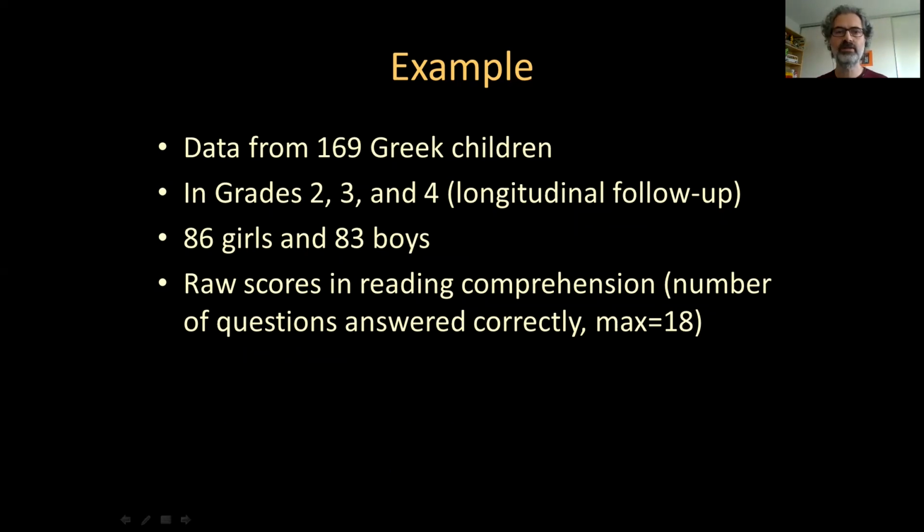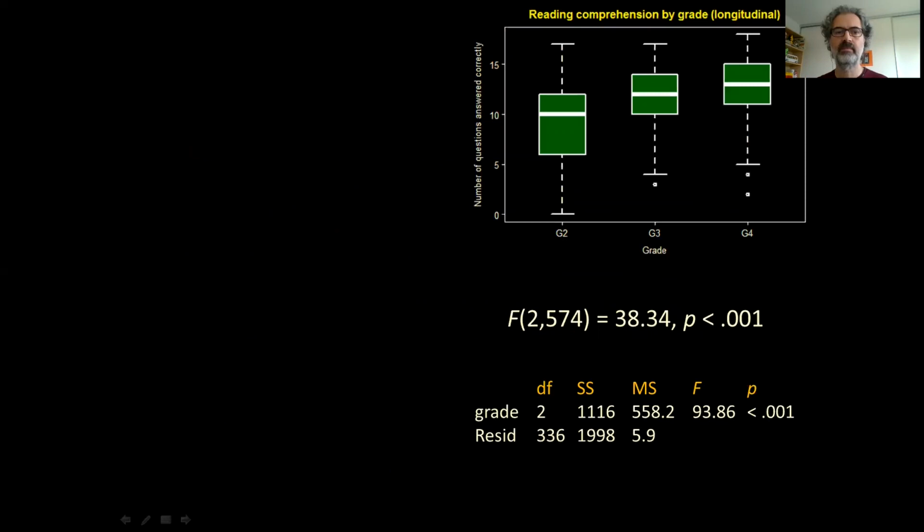We will start with the simple case of only considering the within participants factor, the repeated measure here. So we start by ignoring sex and just looking at the effect of grade longitudinally. Here is the box plot and the associated analysis for this group of children.